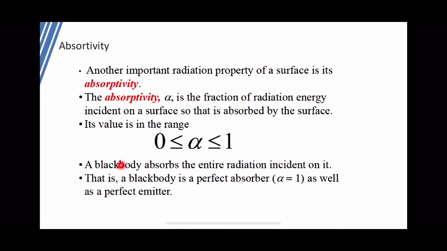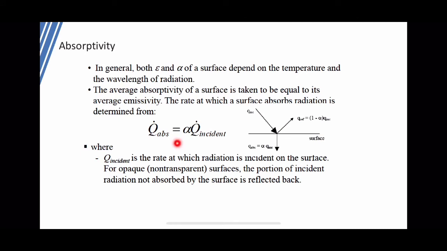Absorptivity is the opposite of emissivity. If a body can absorb radiation, the body can also emit radiation. So alpha equals 1 means the body is absorbing the radiation very effectively. However, because light tends to bounce on the surface, the electromagnetic radiation will bounce as well.